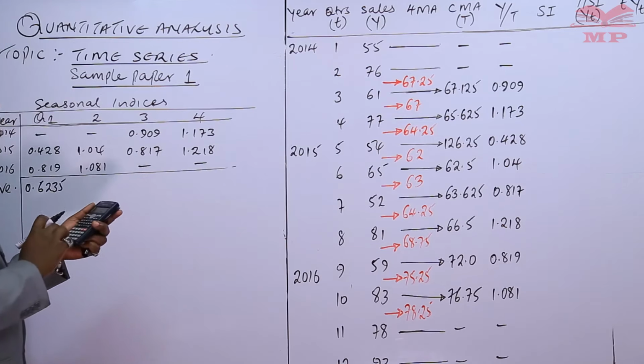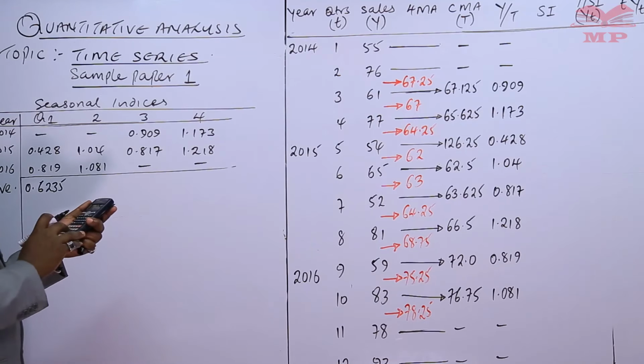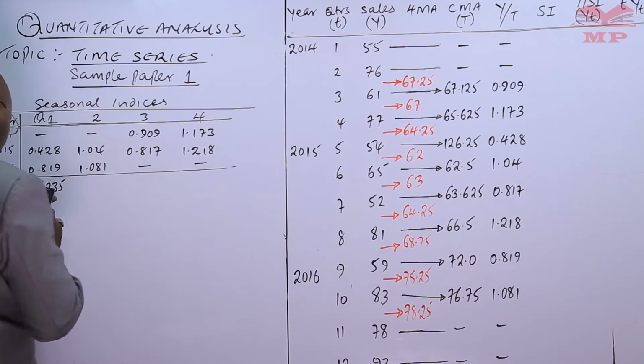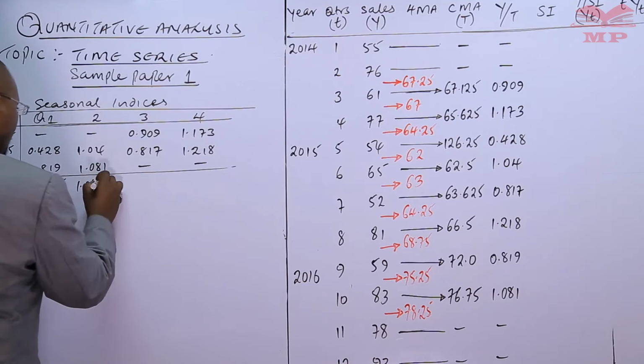Then you have 1.04 plus 1.081, divided by 2, this is 1.0605.